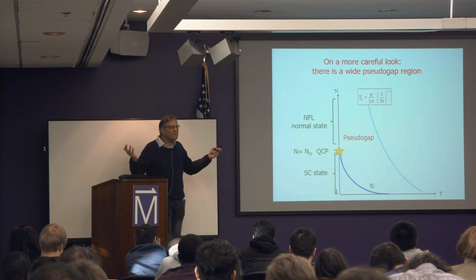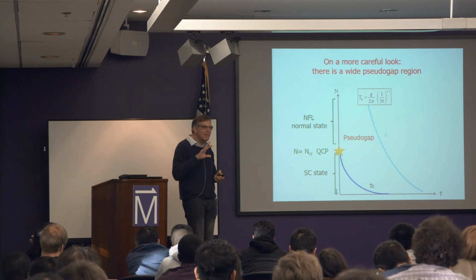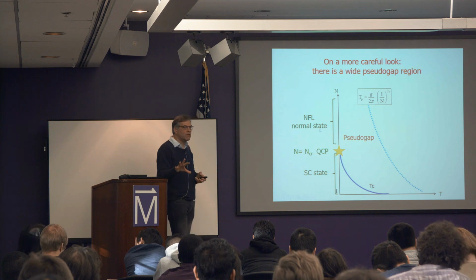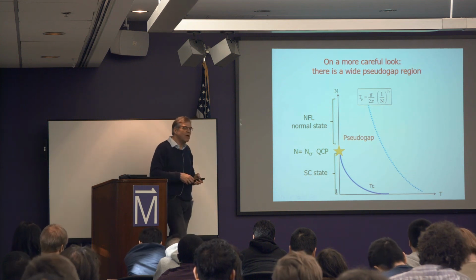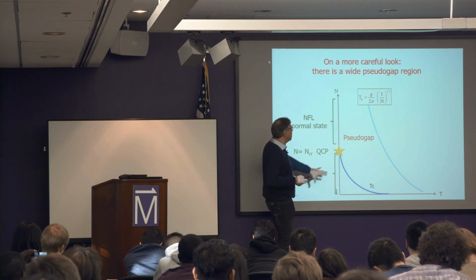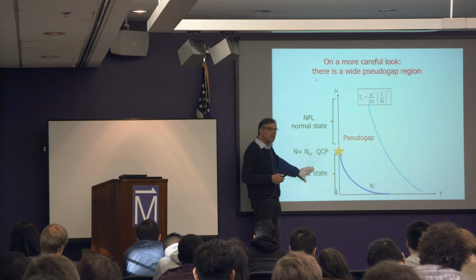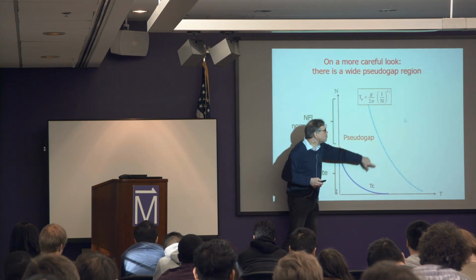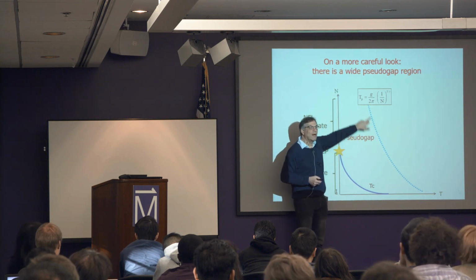Let me name the reason, and then I will probably stop. There is a particular reason why, in this situation, when the whole phase diagram is due to competition between non-Fermi liquid and tendency to pairing, there is a wide range of temperature. And see, I even put numbers here, so we know how to calculate this line.